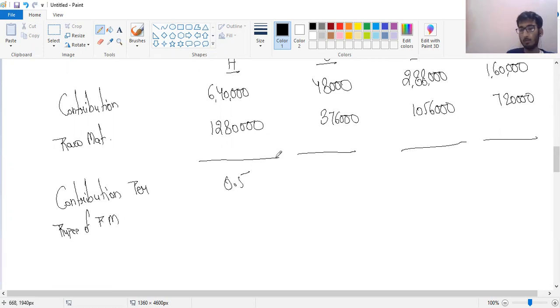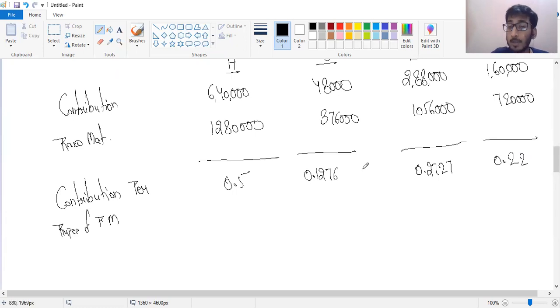Calculate for that. 48 divided by 376 would be 0.1276. And next it would be 0.2727. Next would be 0.22. So basically, contribution per rupee of raw material we have calculated.